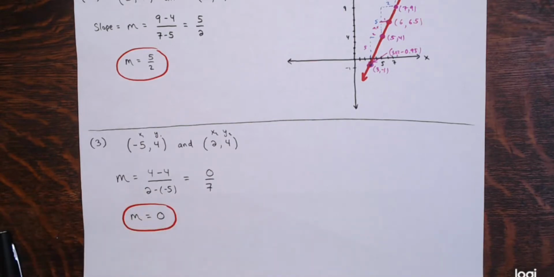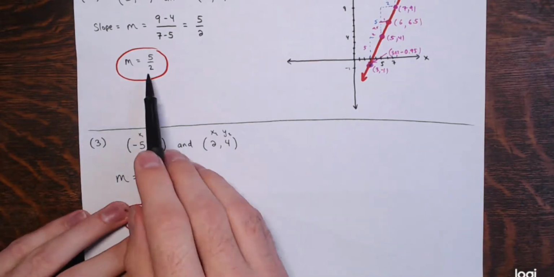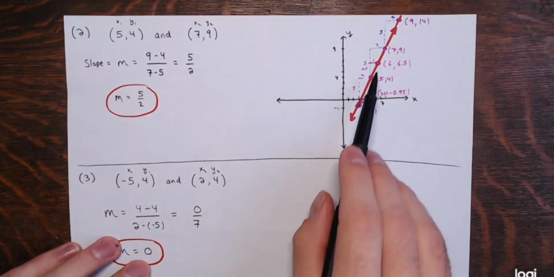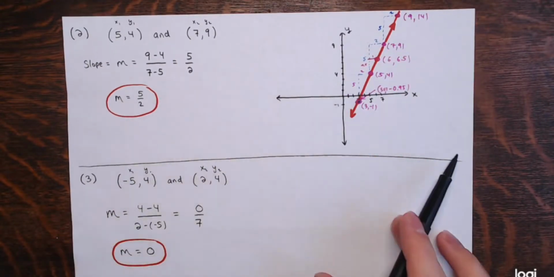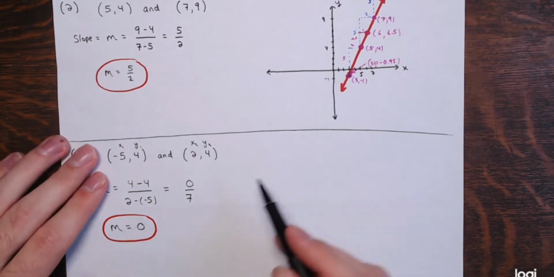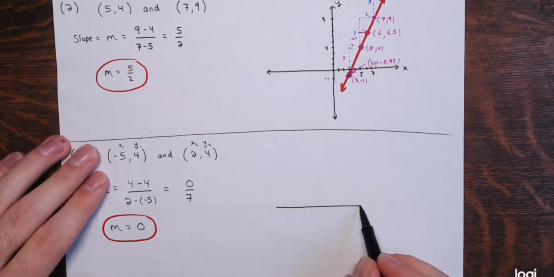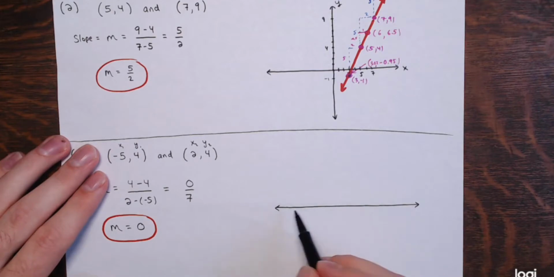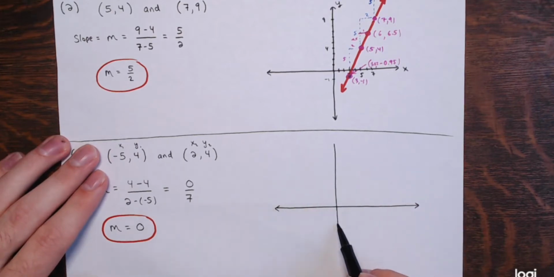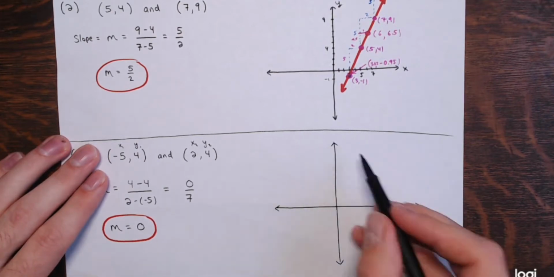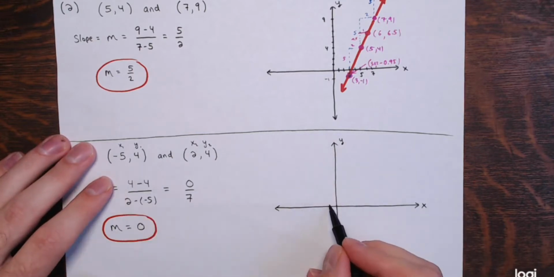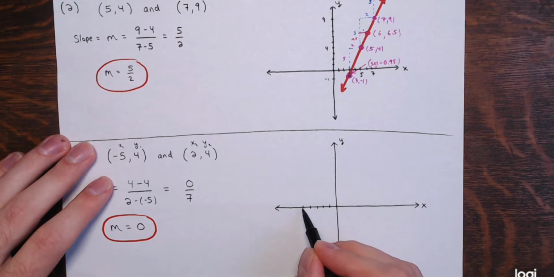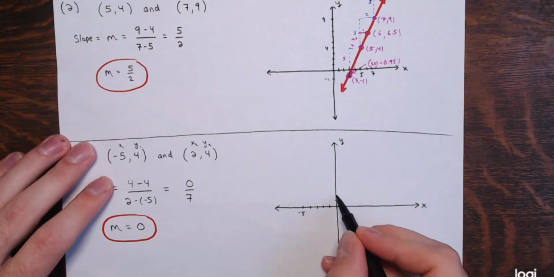All right, now let's see what this line looks like. A positive slope, the line was going up to the right. A negative slope, the line was going down to the right. What happens when the slope is 0? So again, making another xy plane here. Plot these points, -5. There's -5 on the x and then 4 on the y.